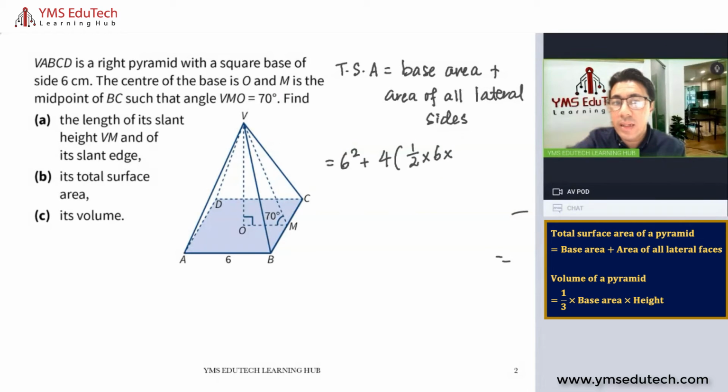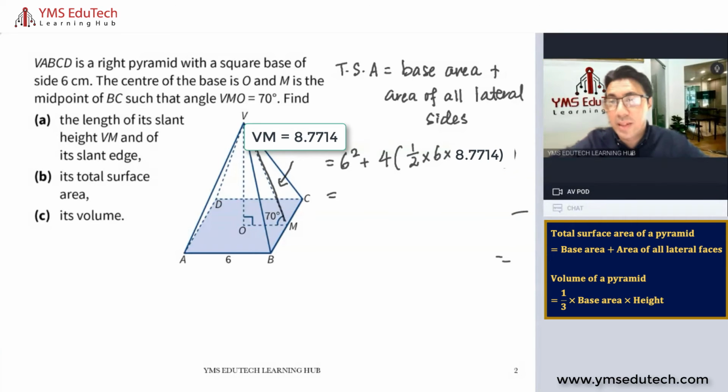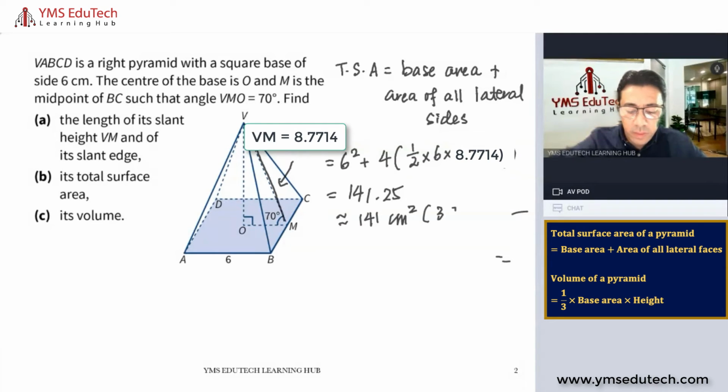So the lateral height is VM, this one here, which was 8.7714, right? So everything into the calculator. 141.25, so it will be 141 cm squared.